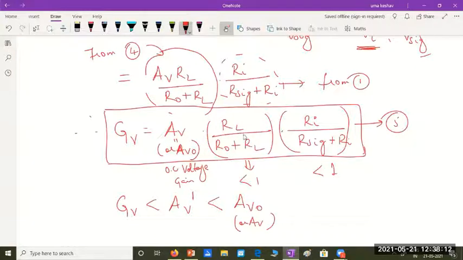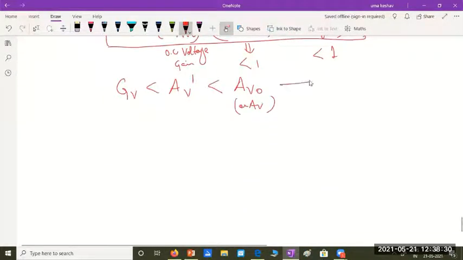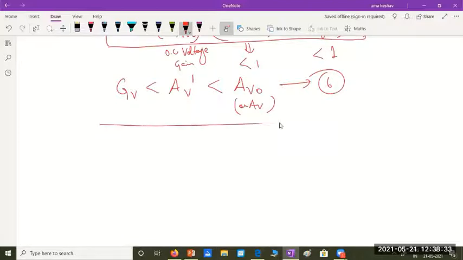One ratio is there, which is less than 1. So surely this is more than GV, and open circuit voltage gain, which doesn't have any ratios, will be the highest in a given circuit. Please remember this rule. Whenever you're doing problems, you should always get the values accordingly. If it is not according to this, then there is something wrong in your calculations. Is this clear?